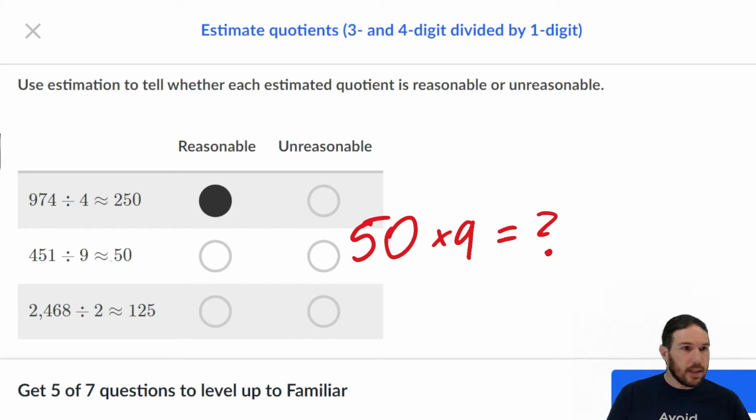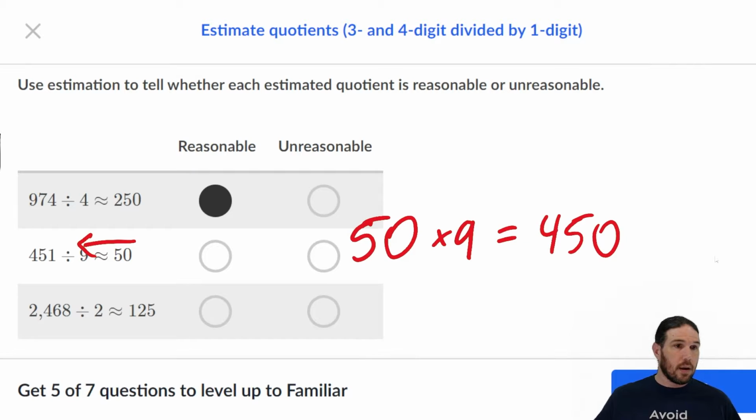We're taking this almost equation and reading it backwards. 5 times 9 is 45, so 50 times 9 would be 450. That number is awfully close to the 451 that we're given. So yes, I would say that 451 divided by 9 is really close to 50.